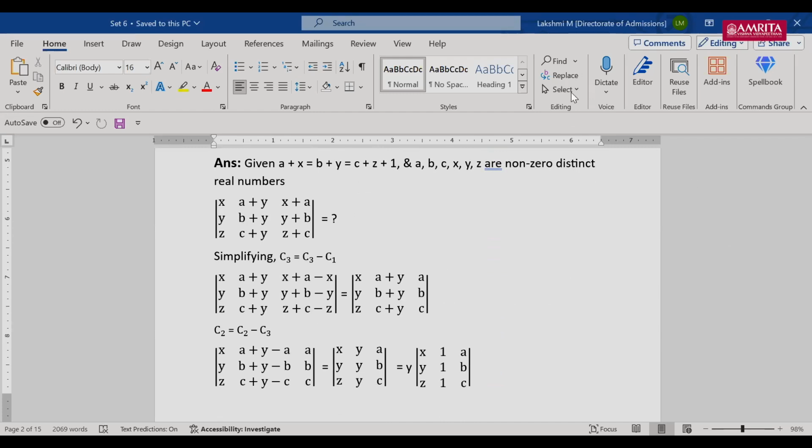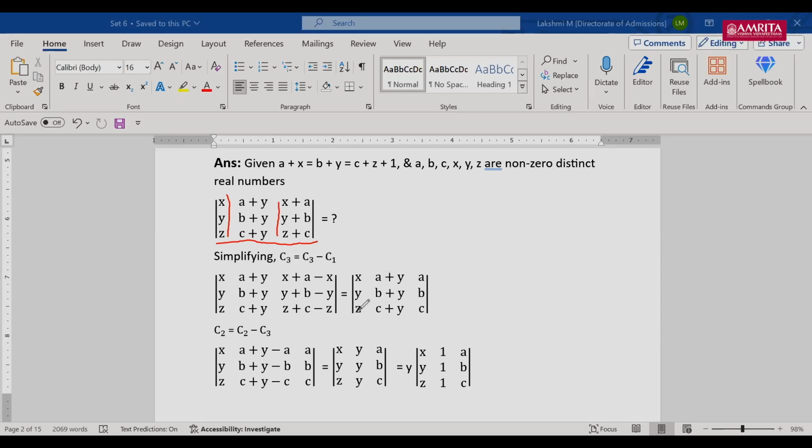So yes, this is what is given in the question. Here, if I'm doing something, maybe I'll be able to remove the ABC. Or if I'm doing something, I'll be able to remove the XYZ. Because in this column, if you observe, it's XYZ. Just going to change it: C3, I'm just going to subtract this.